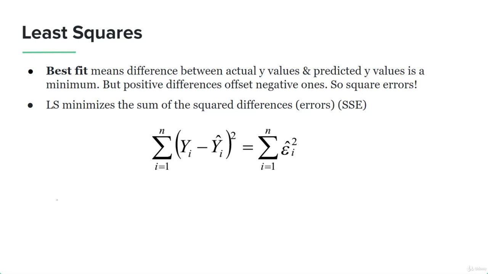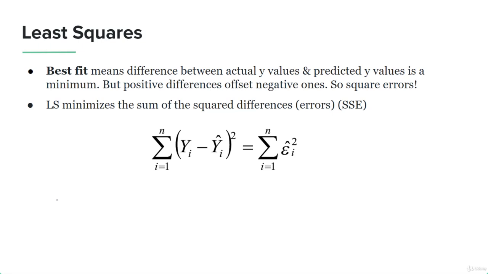So we're going to use the squared errors and minimize them. In this equation, it's pretty simple and obvious. We subtract the predicted value from the actual value. We take squares because we do not want to end up with negative values. In the end, we sum up all these squares and get the sum of squared errors.